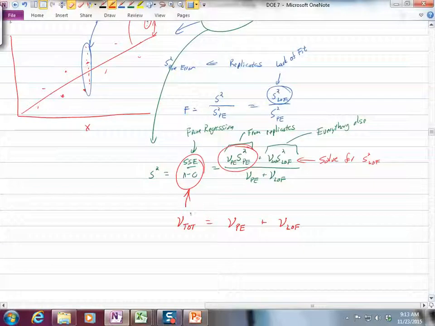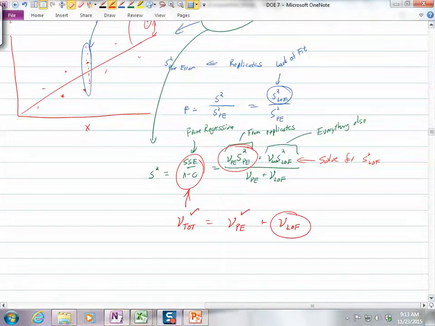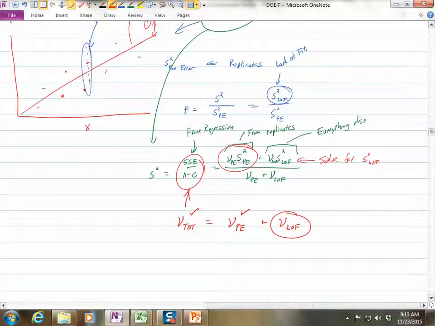So again, we're going to get this, then we're going to calculate this, then we're going to solve for that, then we're going to go up here, and once we have calculated the variance of the replicates, then we can solve for the variance in the lack of fit, or the everything else part. And then we can do our F-test.